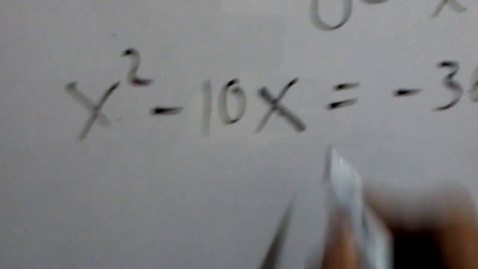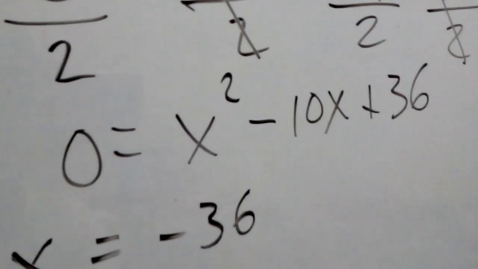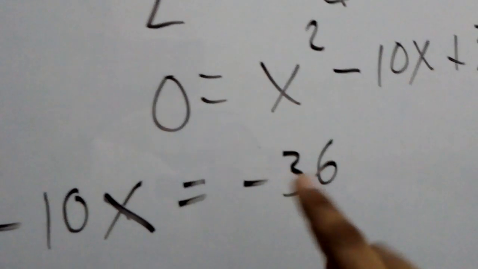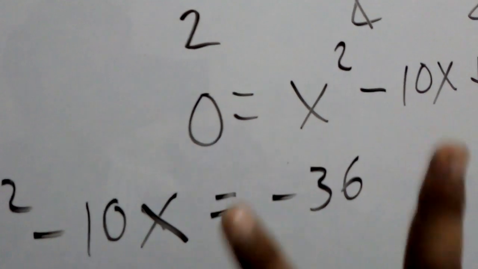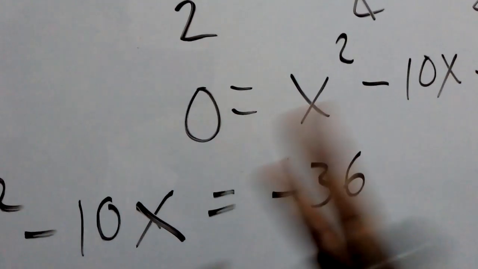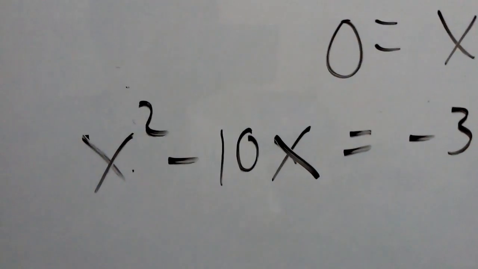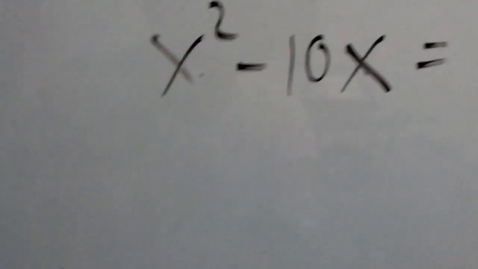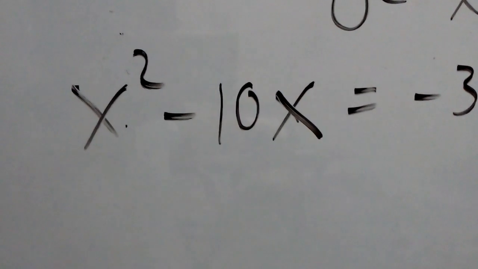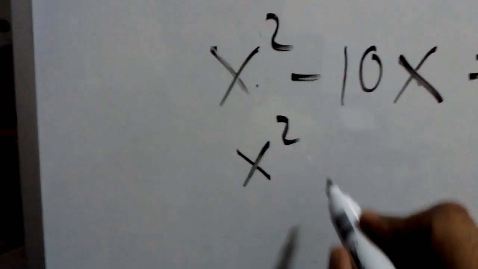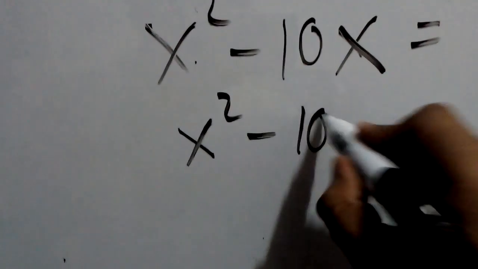Yes, I just put this 36 on the other side as minus 36, and I am turning the left-hand side and the right-hand side. Okay, so now, sorry, let's complete the square.